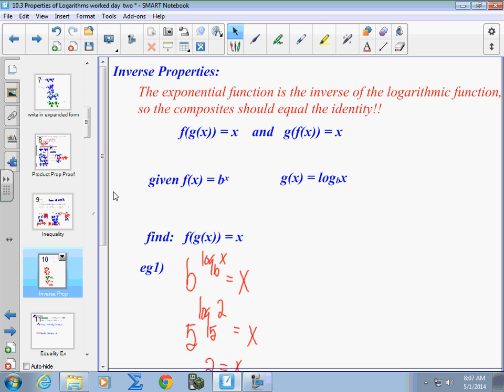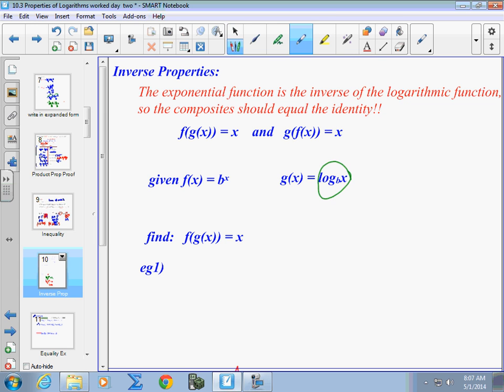Well, you're going to take all of this and plug it in for x, right? Okay. So you would have b raised to log base b of x.